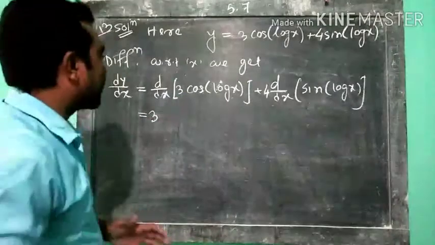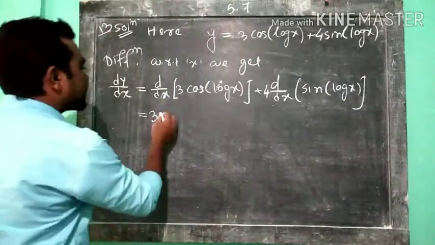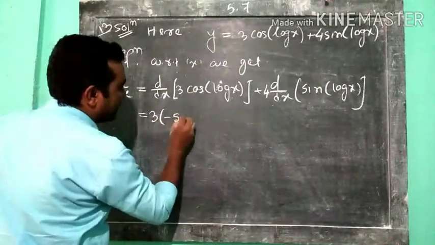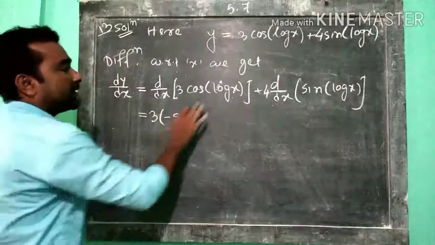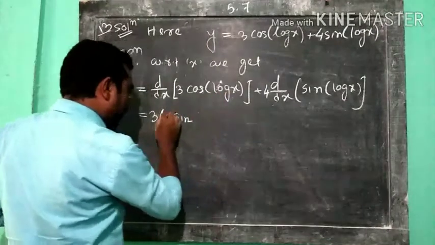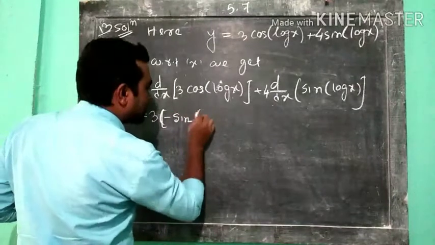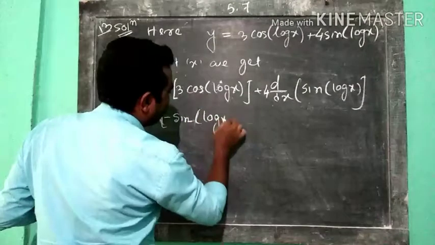We know the formula d/dx of cos x is minus sin x, where x here is log of x.